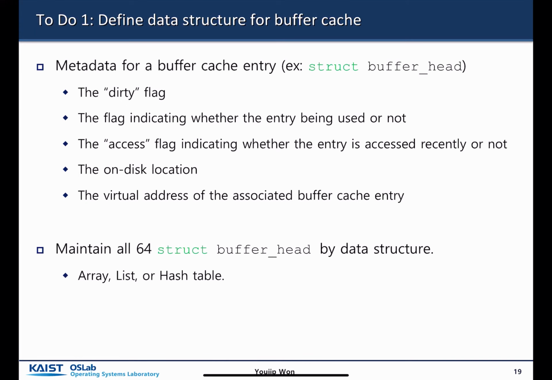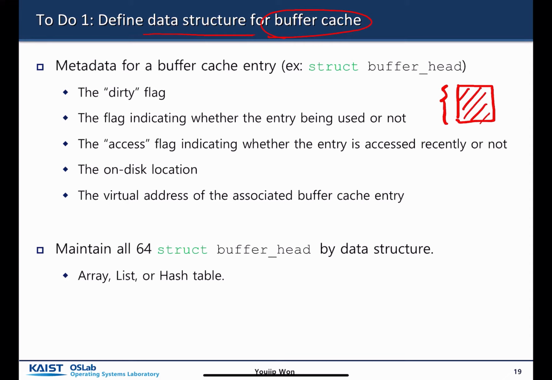All right, the first thing you have to do is define the data structure for the buffer cache. Okay, so buffer cache is a page in memory. And to use a page entry as a buffer cache, you have to define some kind of metadata structure that represents the contents in this page.